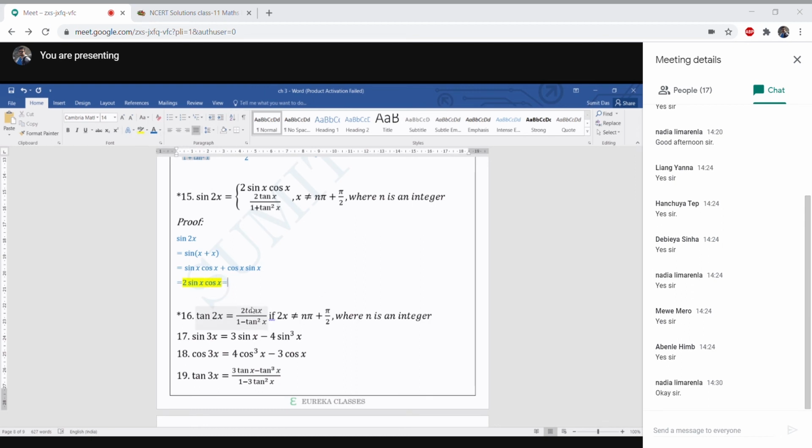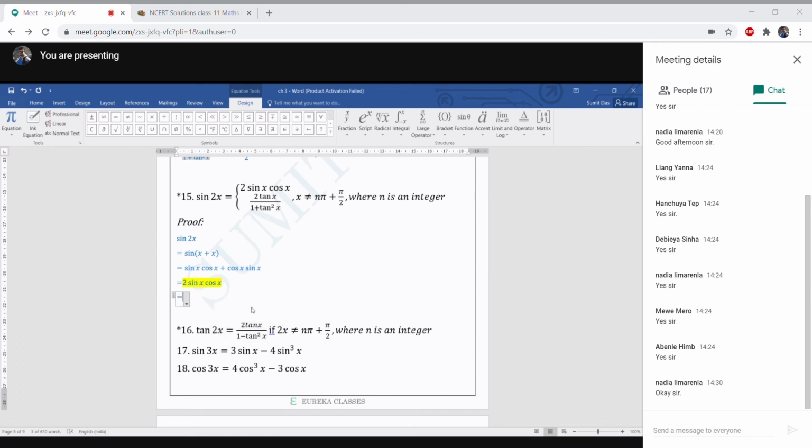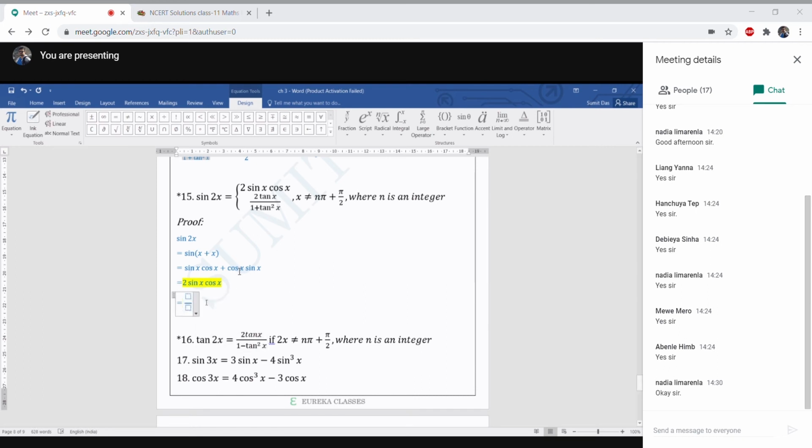Next we can write the same, sin 2x equals 2 sin x cos x divided by cos square x plus sin square x. Okay, because we know that cos square plus sin square is 1.